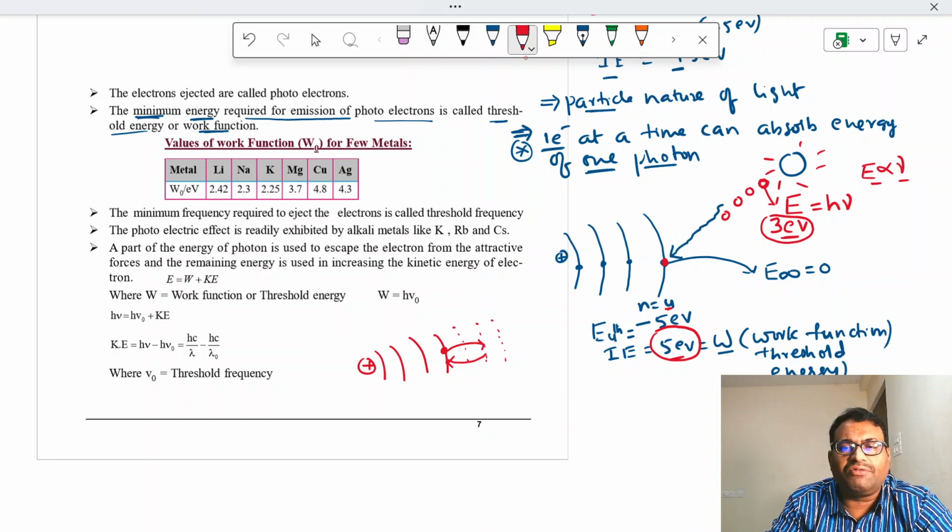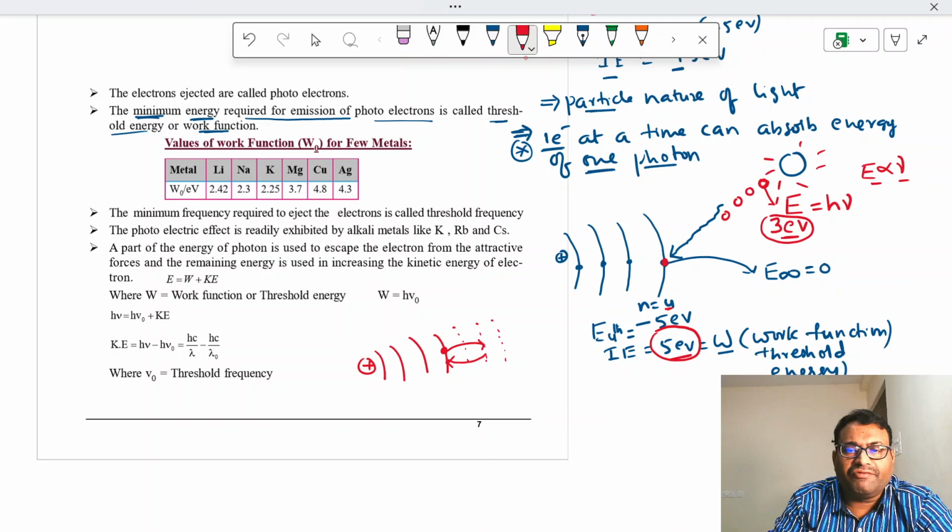You may have a doubt: sir, this electron can absorb 2 photons, 3 plus 3, 6 electron volts, and the energy required to come out is only 5 electron volts. So it can absorb 6? That does not happen. Already it is discussed that at a particular instant it can absorb only 1 photon.